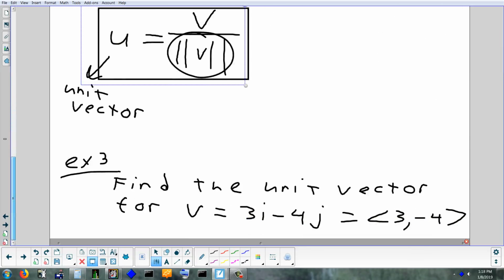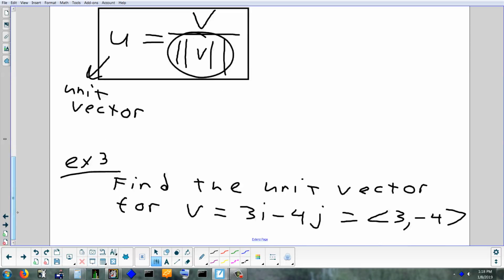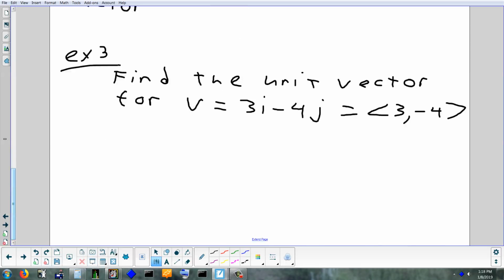So we've got the vector 3i minus 4j. I want to find a vector that points exactly the same way as that one, but I only want it to be 1 unit long. So let's figure out how long this one is first. If it's already 1 unit long, then we don't have anything to do. If it's not, then we have to fix it.